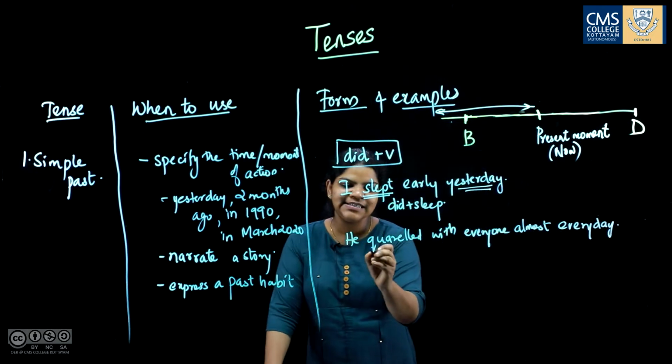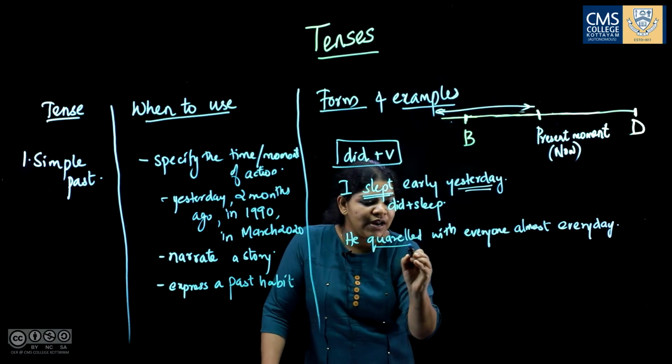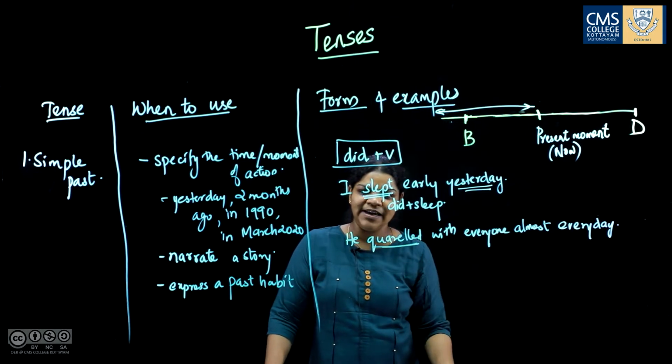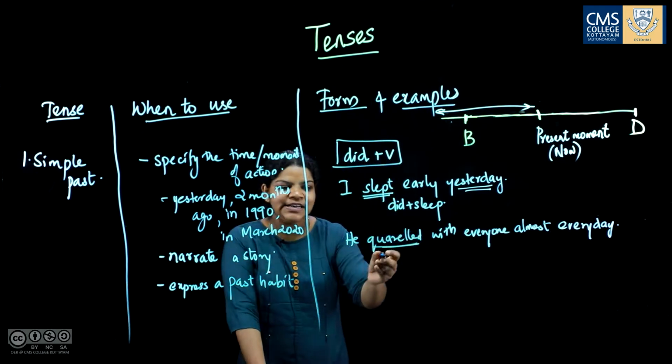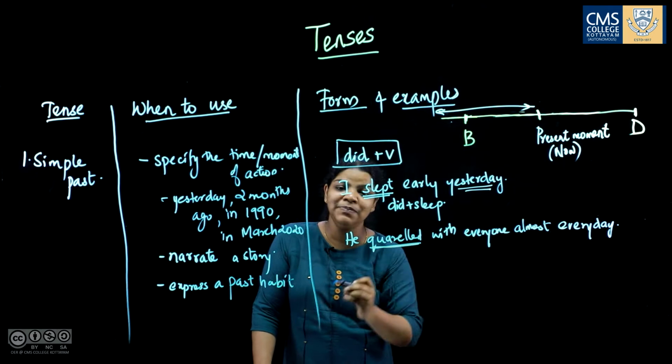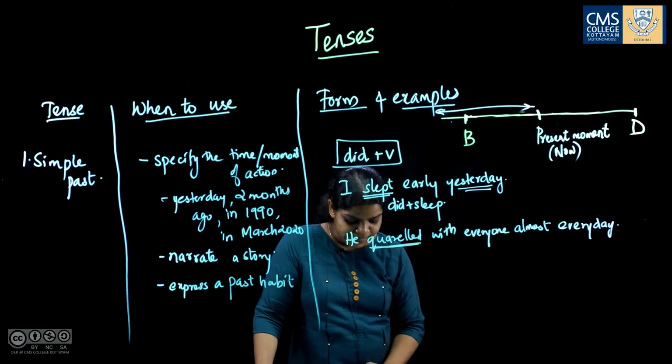Now this sentence refers to a past habit because he quarreled with everyone almost every day, but now he has changed. He does not quarrel with anyone anymore. So he quarreled. This is the simple past form of the verb that is used, did plus quarrel.